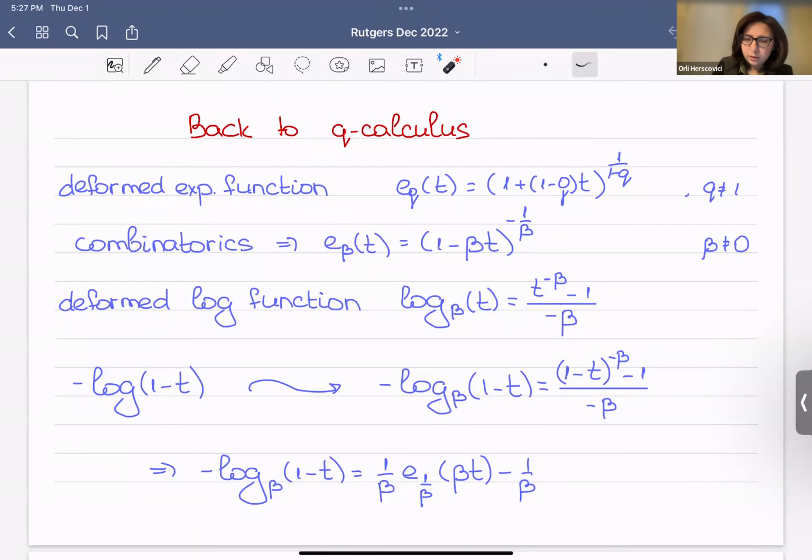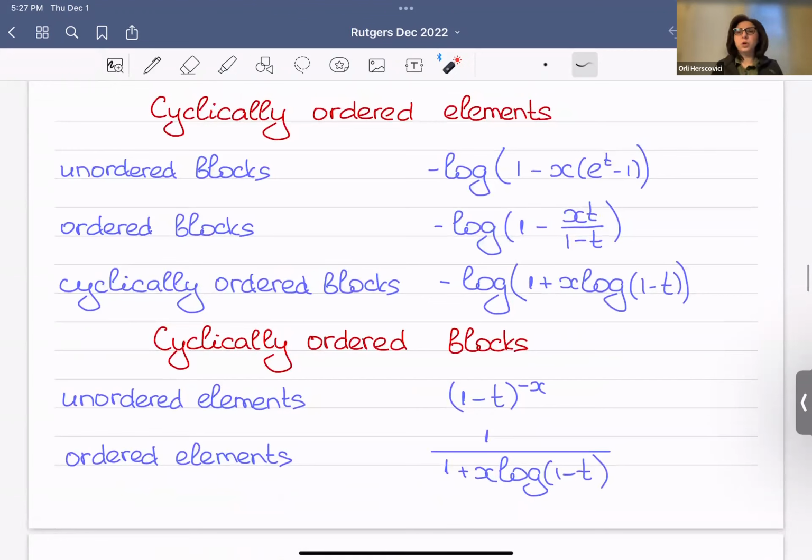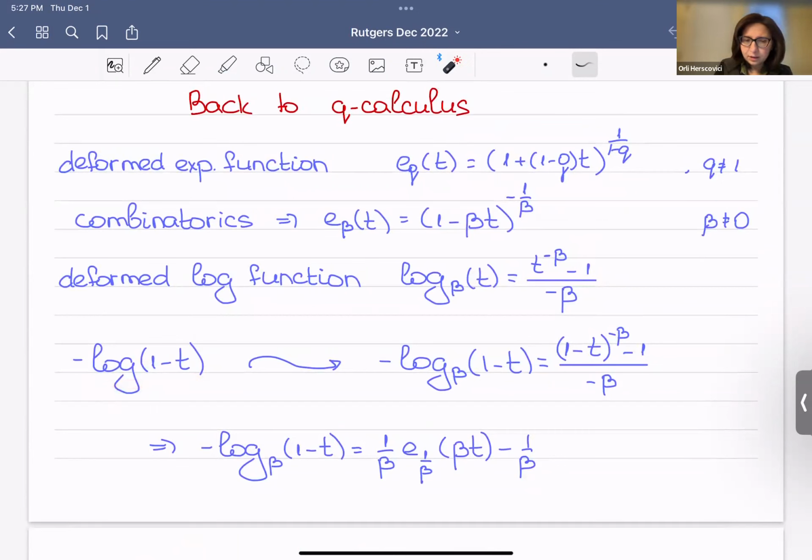But actually, if we consider the generating functions that we have for set partitions, we are interested not in the logarithmic function, but in negative log of 1 minus t. So negative log of 1 minus t in its deformed version will have the form 1 minus t to the negative beta, minus 1, over negative beta.